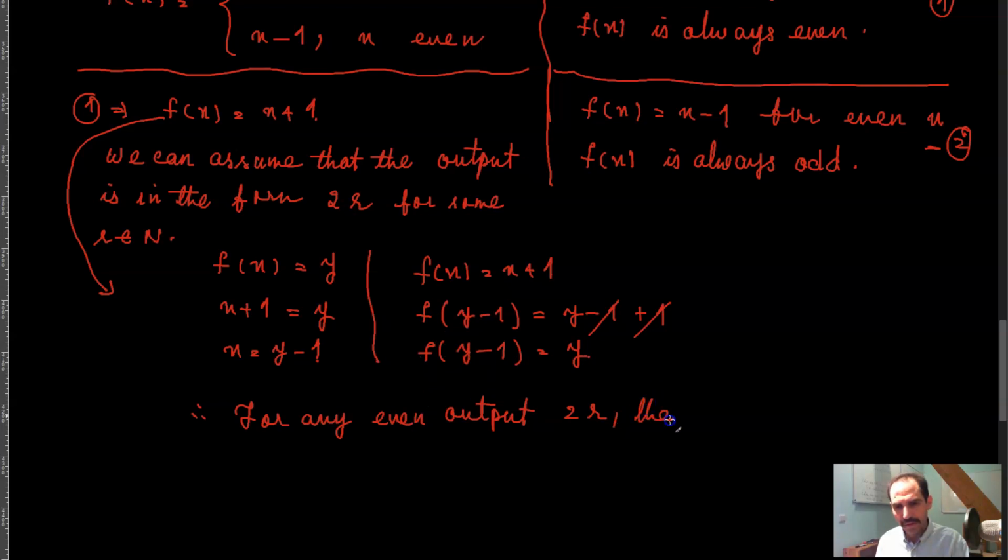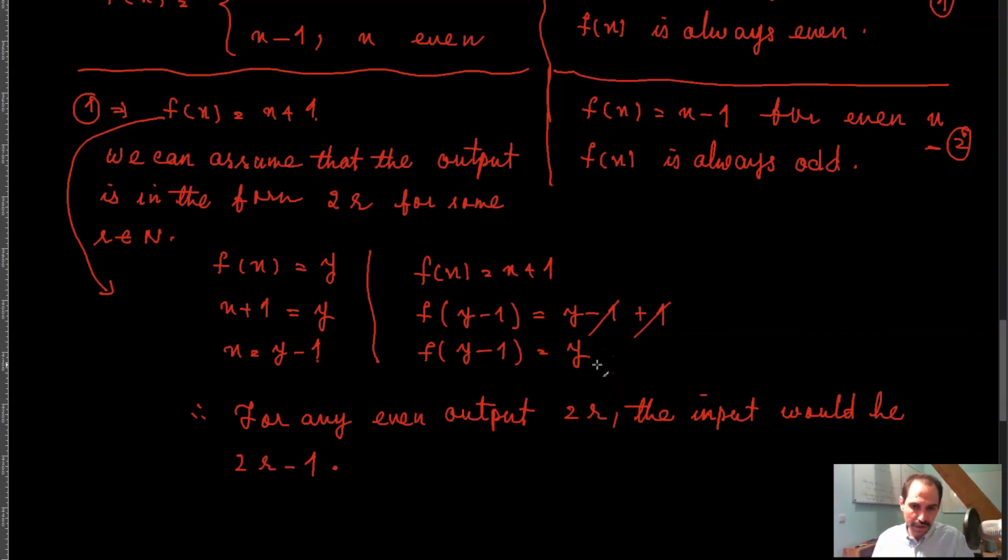The input would be basically 2r minus 1, which means that it is possible for any even output to belong to the codomain of the function, and that even output will have some element in the domain of the function that is the preimage of that element, right?